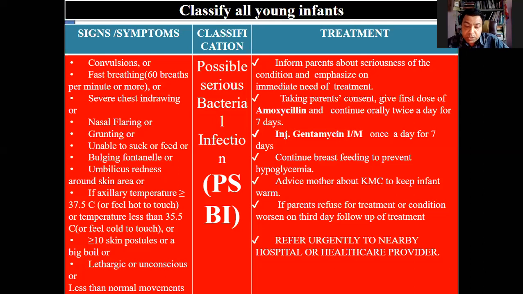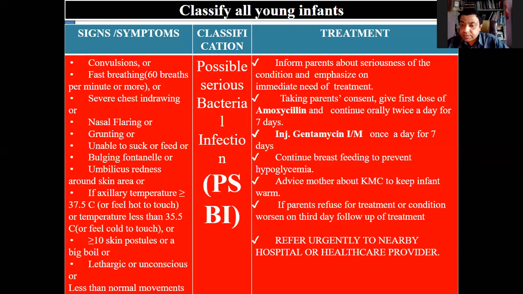More than 10 skin pustules or a big boil or lethargic or unconscious or less than normal movement. These all are connected by or, which means a single symptom or sign is enough to say the infant has PSBI, possible serious bacterial infection.